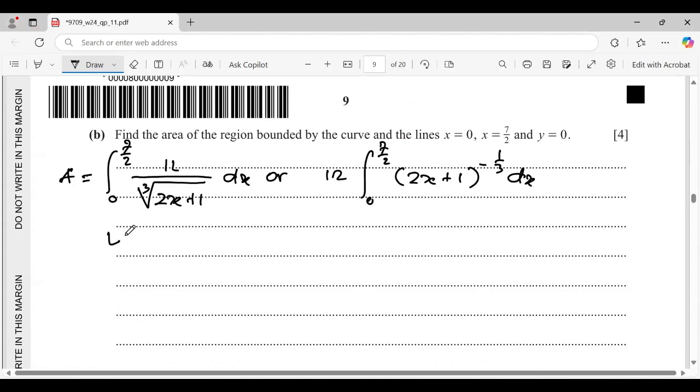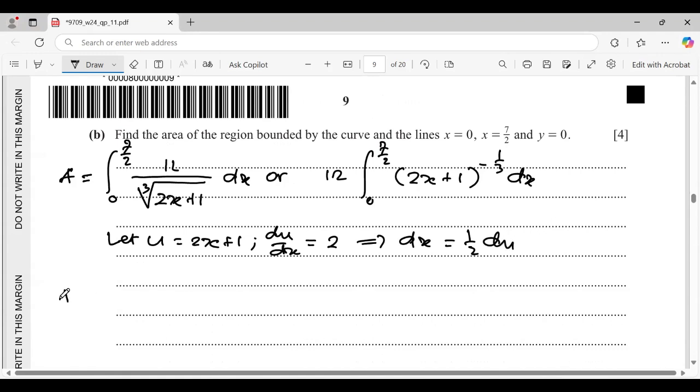Now by substitution, let u equal to 2x plus 1. That means du dx equals 2. So it means dx equals 1 half du. Right?